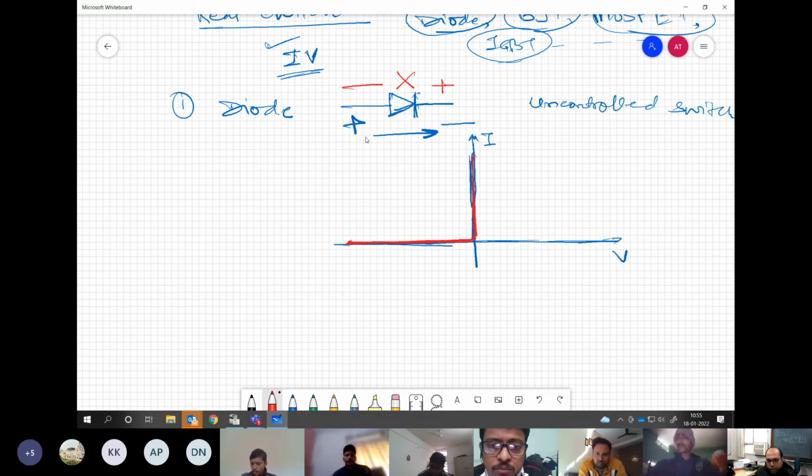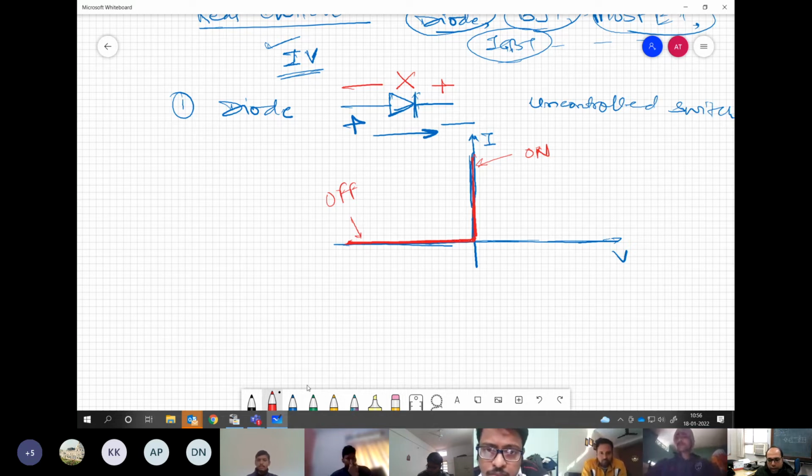So please understand, when it is forward biased, ideally there is no voltage across this, it is zero. That's why the characteristic is not extending on this side, ideally. Whereas for the negative side, there is no current, so it is not extending on this side. This is the ideal characteristic for the diode. So whenever there is current conduction, we say that diode is on. And whenever it is blocking some voltage, we say that diode is off. So these are the two states.